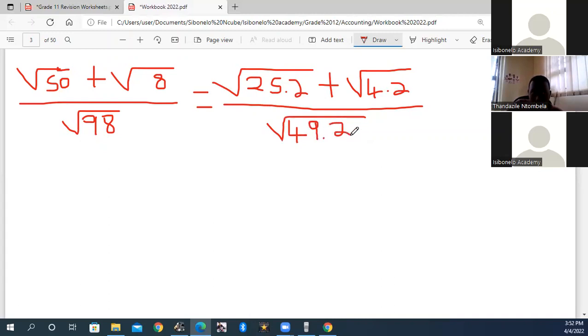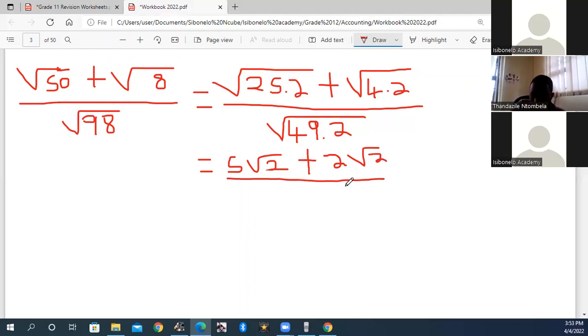Okay, u-25 siyamaza ngithi ukuthi i-square root ka-25 uba? 5. So 5 umbeka ngaphandle bese ubuyisa bani? U-root 2. Siyamsana? Plus i-square root sika-4 uba? 2. U-2 ubuyise u-root 2.